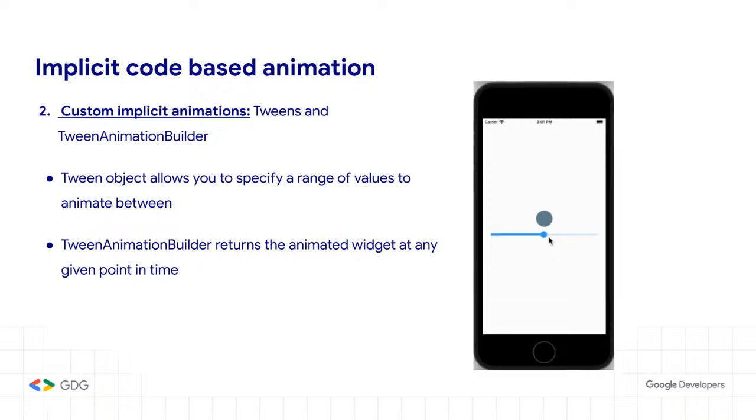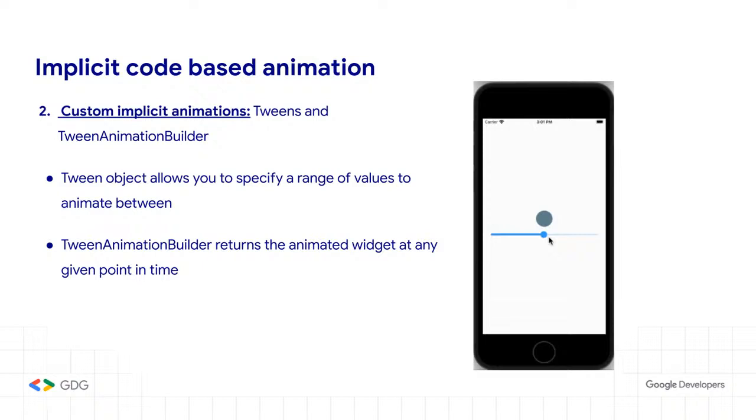So what is a tween? Let's say I have something like a slider, and whenever you change the value in a slider, let's say from 0.1 to 0.5, a lot of values change, and for every value that is changed, the slider will update itself.